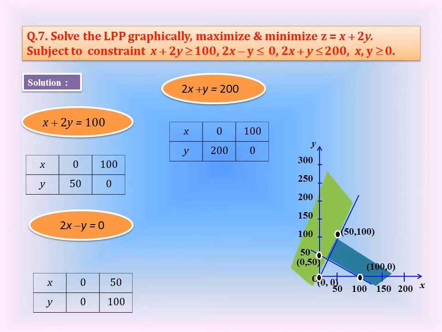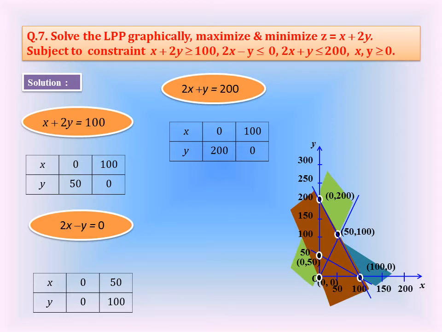And for the third inequality, the points are, when x equal to 0, y equal to 200, that is 0 comma 200, and the next point is 100 comma 0. Observing the third inequality, substituting x equal to 0, y equal to 0, we get 0 is less than or equal to 200, which is a true answer.